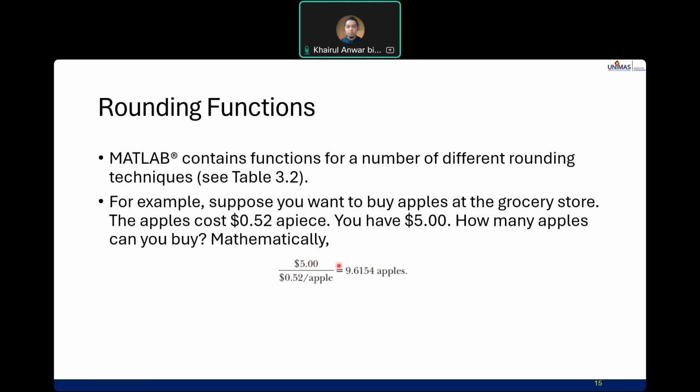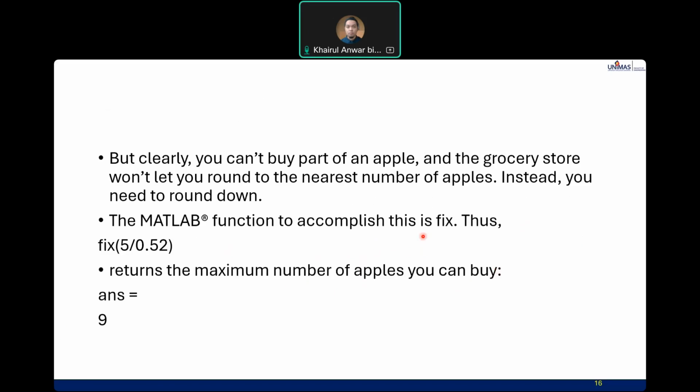Mathematically, $5 over 0.5. You have 52 cents per acre, you get 9.6154 acres. So you cannot buy part of an acre. Instead of rounding to the nearest number of acres, you need to round down. The MATLAB function to calculate this is fix. Fix 5 over 0.5 returns the maximum number of acres you can buy, which is 9.